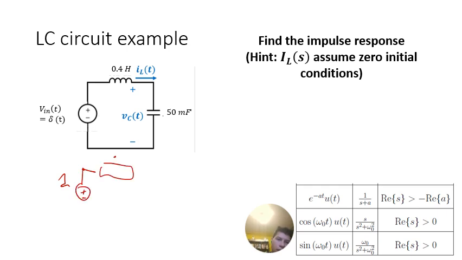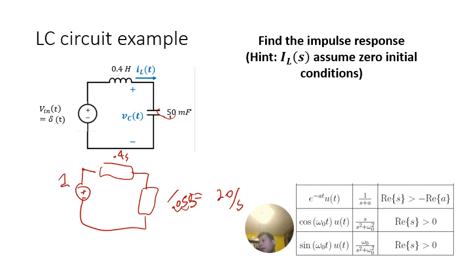And then we're going to have 0.4s, and then we're going to have s over 0.05, which is, milli, 1, 2, so 100 over 5, which is 20. The s should be down here, so 20 over s.